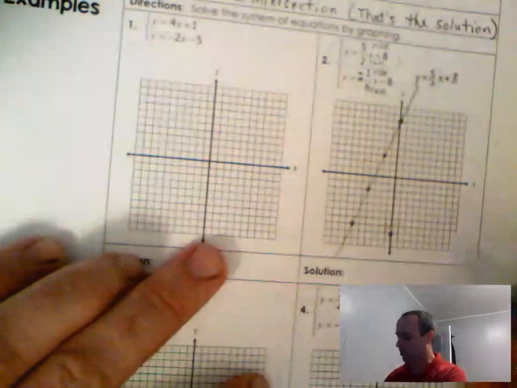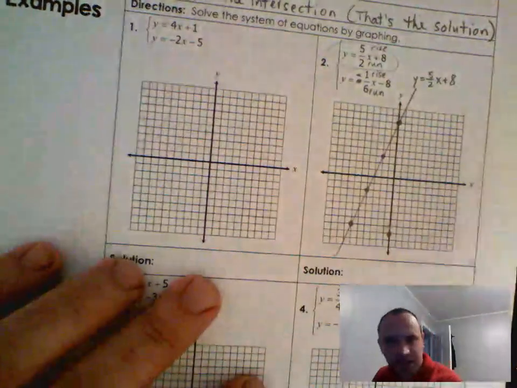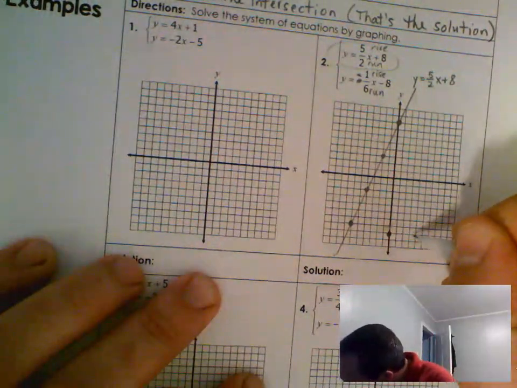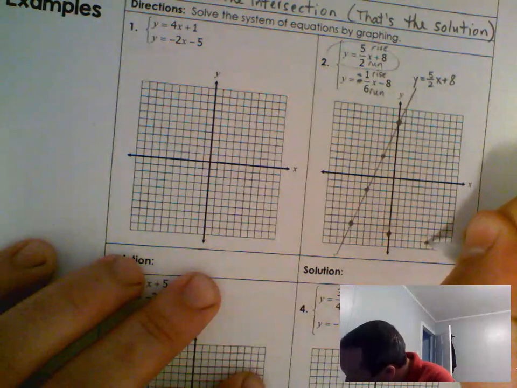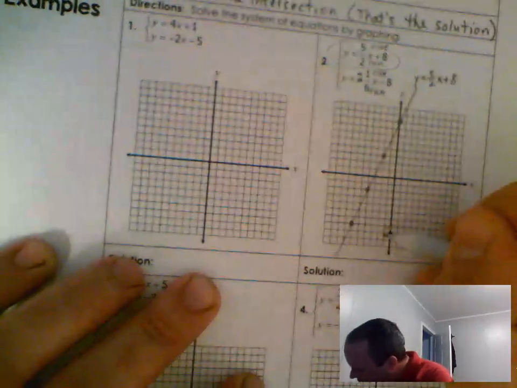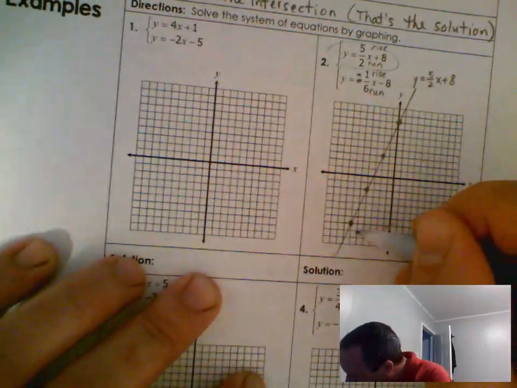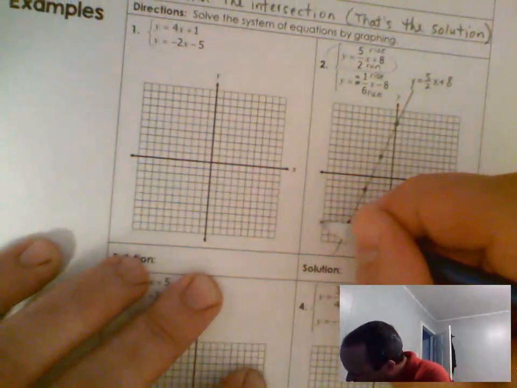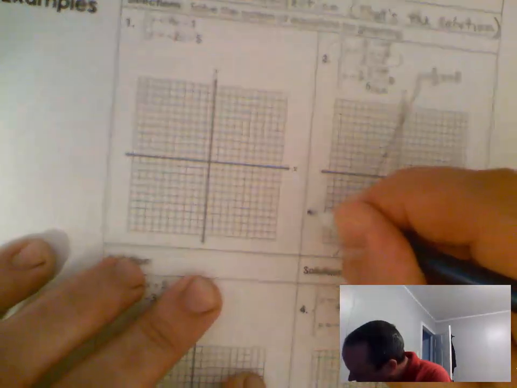I was off by 1 there on the y-axis, so that's why I stopped there for a second. That threw me off. So if I go 1, 2, 3, 4, 5, 6, it will come down 1. Then if I go this way, 1, 2, 3, 4, 5, 6, go up 1.